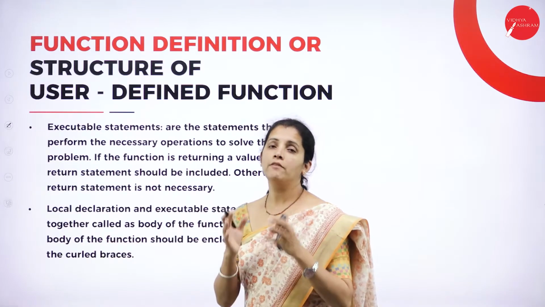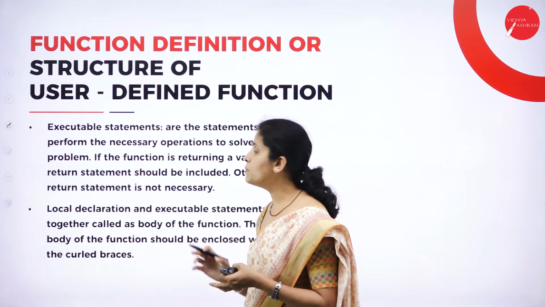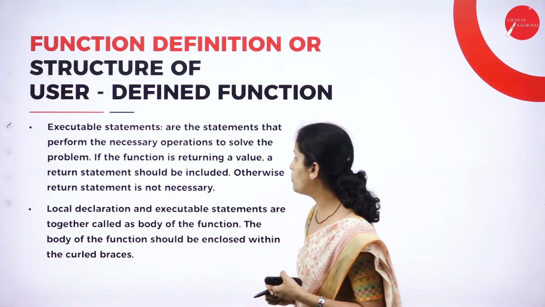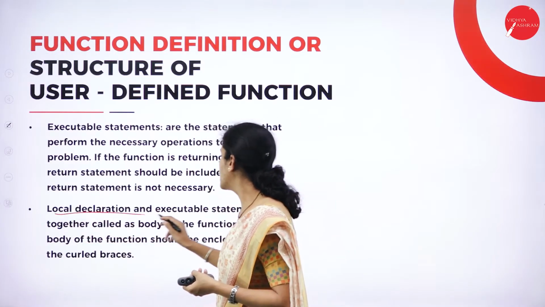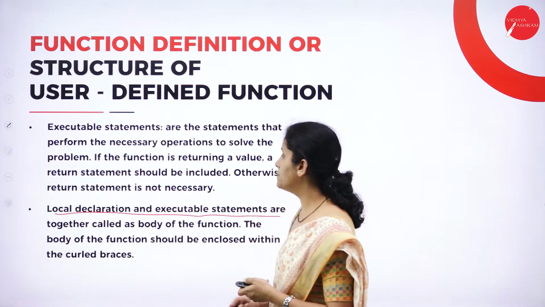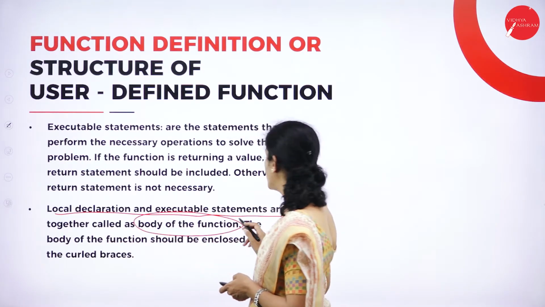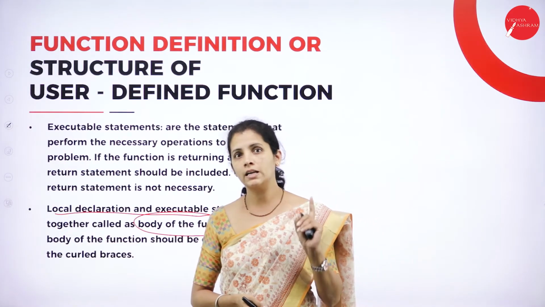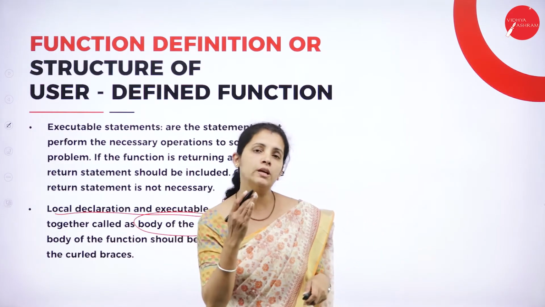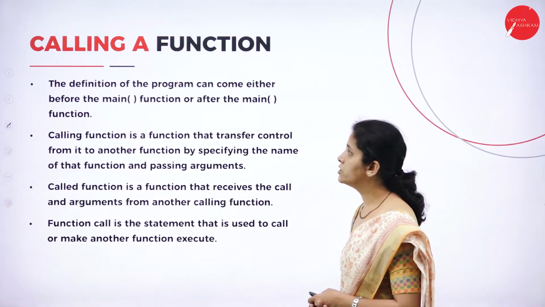So here I have a set of statements, and that is mainly used to perform some necessary operations. And at the end, local declarations and executable statements are together called the body of the function. So what is the body of the function? That is local variable declaration as well as executable statements together called the body of the function.